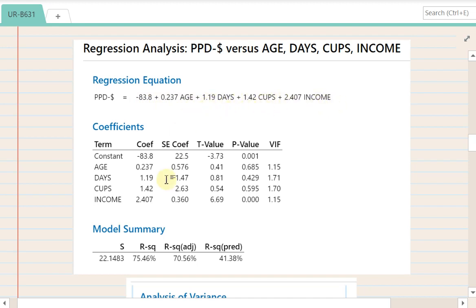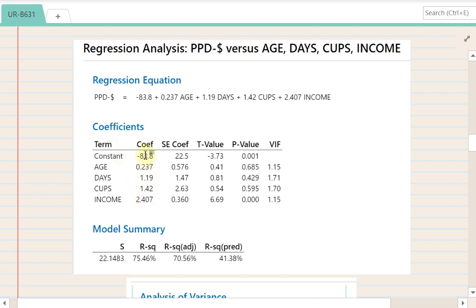Notice that the coefficient on every one of the variables is positive. So a 1 unit increase in every one of these will increase the expected purchase price of prepaid Starbucks cards. Now, these are the coefficients on the parameters.